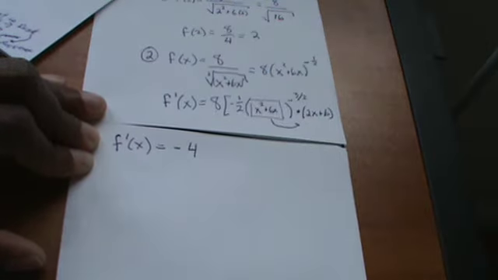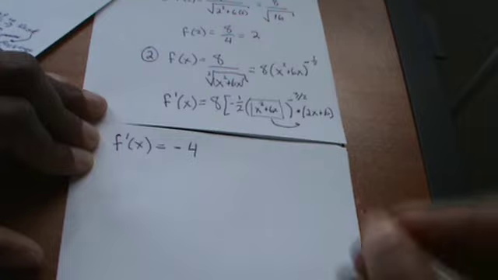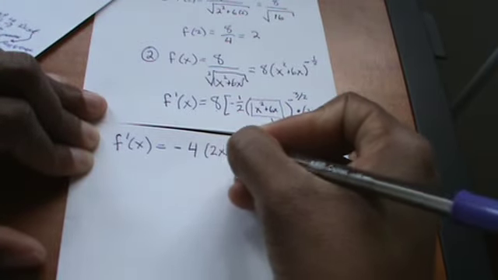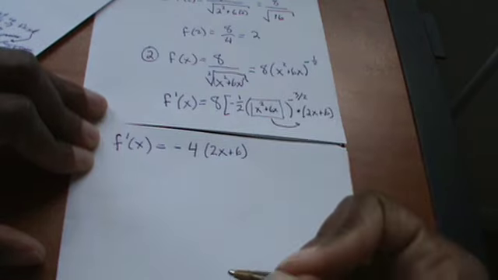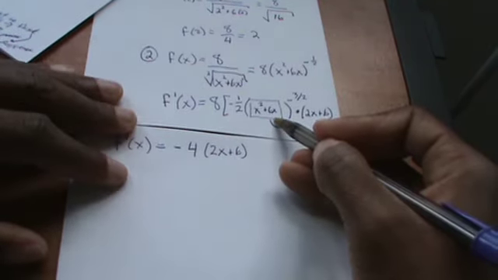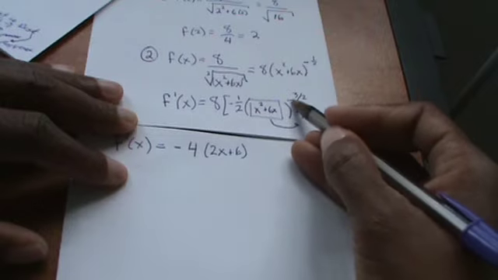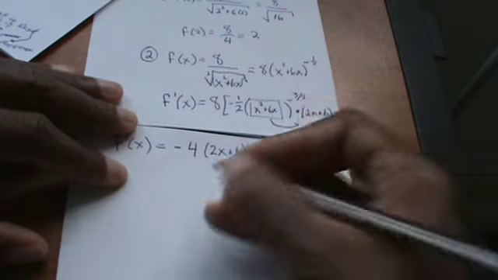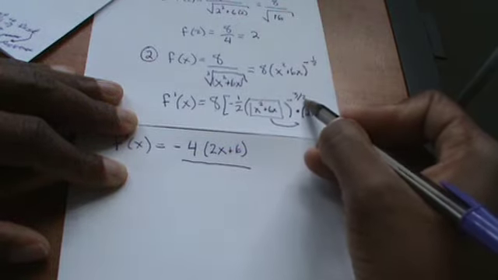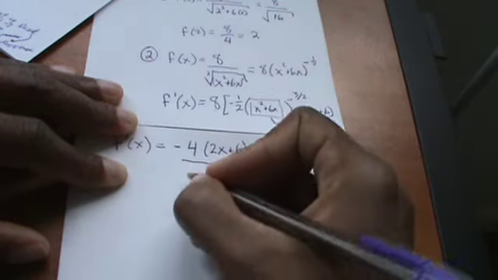That might make it a little bit easier. And then I'll still have this 2x plus 6 to multiply by. And then it's just this piece right here that's in the middle. And you can do it in parts, but I'm going to do it all together. The negative means that this chunk is going to be in the denominator. And notice this is going to be the square root of the chunk cubed.